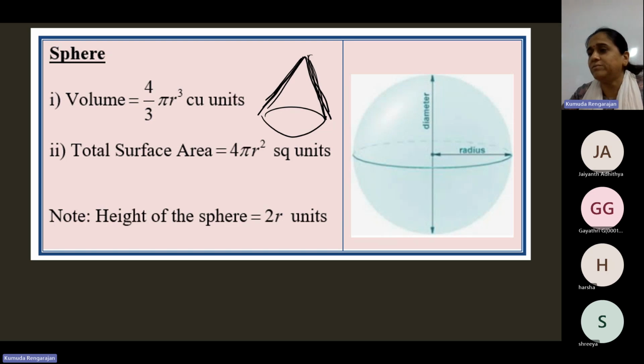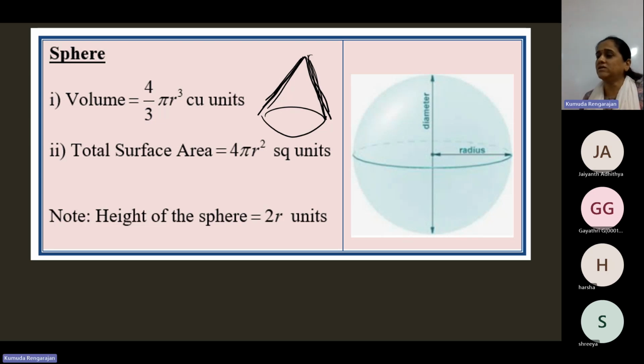The curved surface makes the curved surface area. If you add the area of the flat surface, then it's the total surface area. What is total surface area? All the area put together is the total surface area.